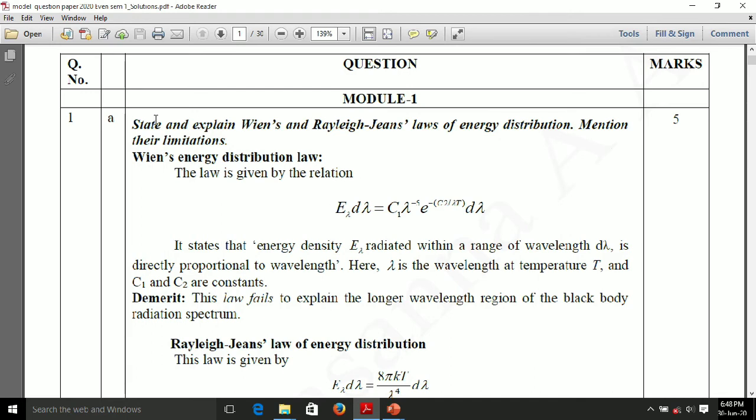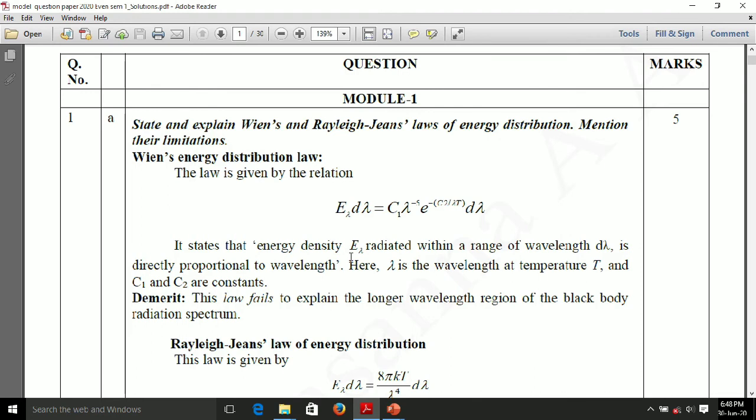You know that the statement is written in mathematical form, so it is good to write this equation and you have to explain each symbol used.